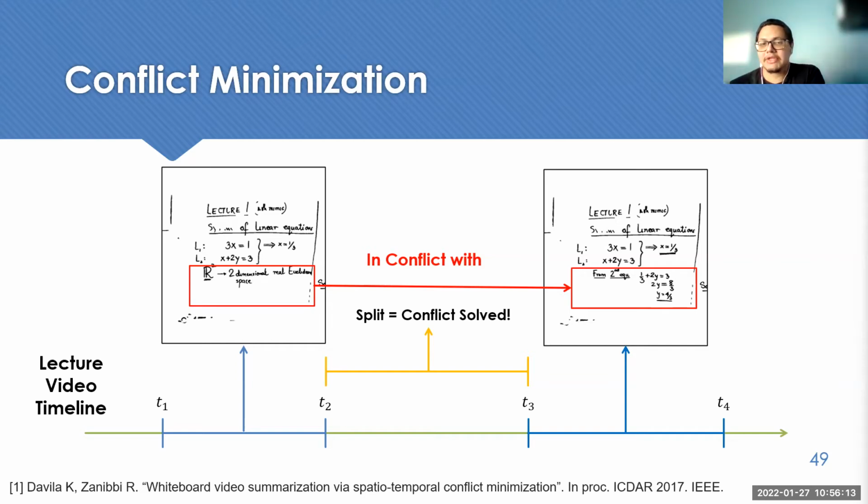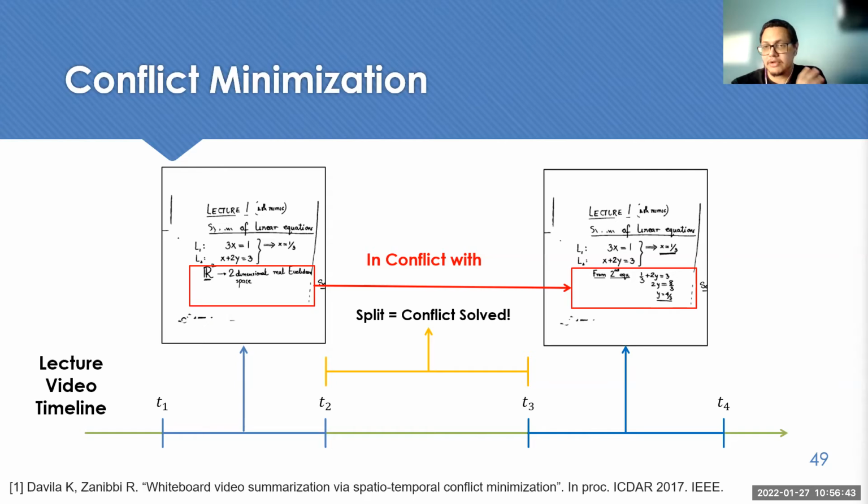After a while, something else gets handwritten on the same space of the whiteboard at time three, and it gets deleted at time four. We say that these two are in conflict because they occupy the same space of the board. If you want to extract both into the same segment, or represent them with just one image, you won't be able to catch both parts of the content.